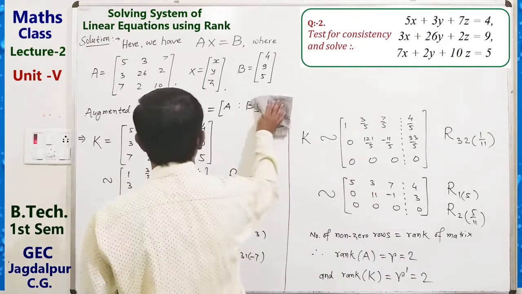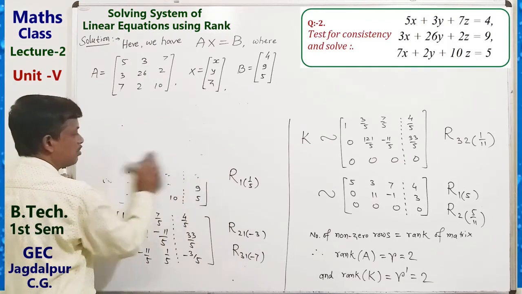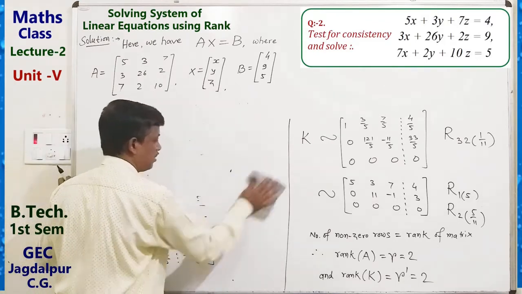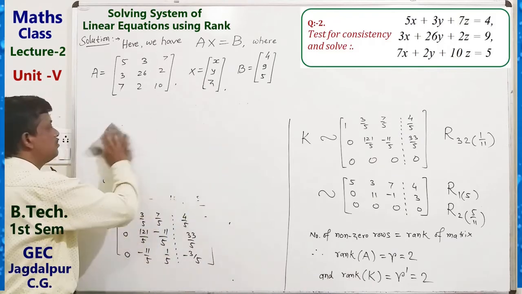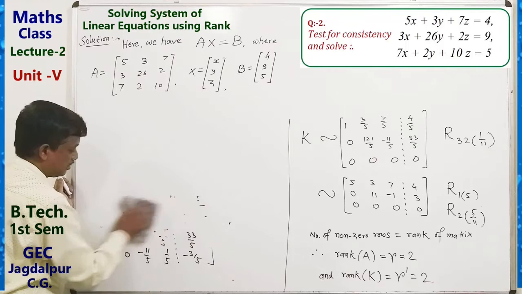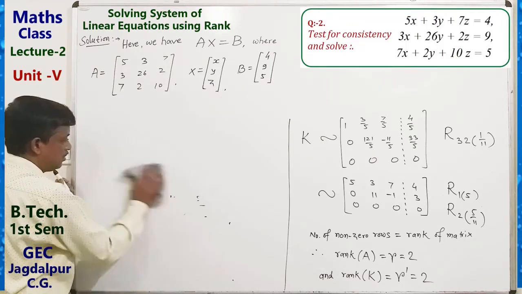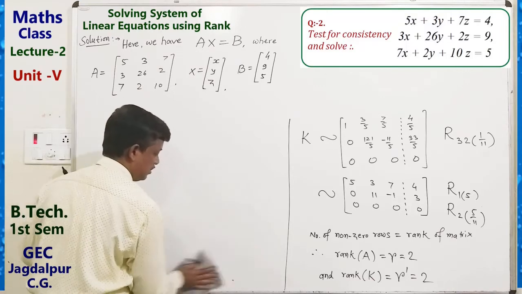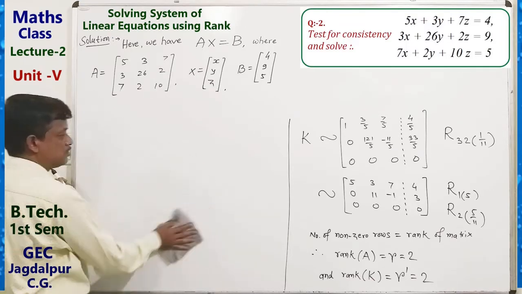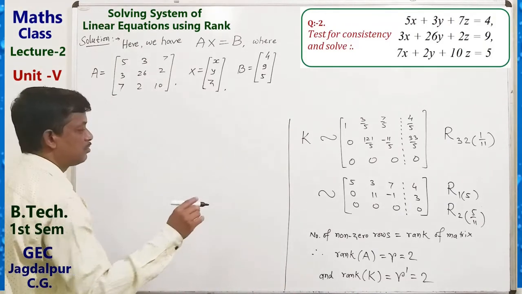But less than number of unknowns. Here number of unknowns is 3. So infinite number of solutions. In case of infinite number of solutions, arbitrary values will be assigned to some of the unknowns.